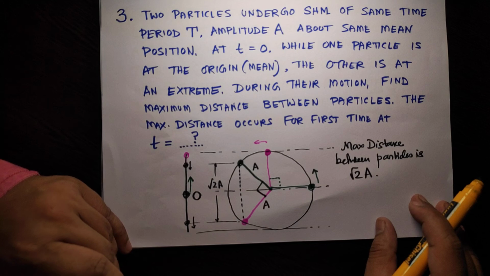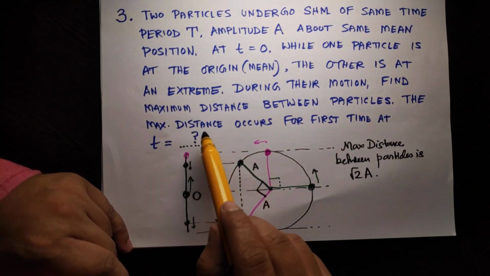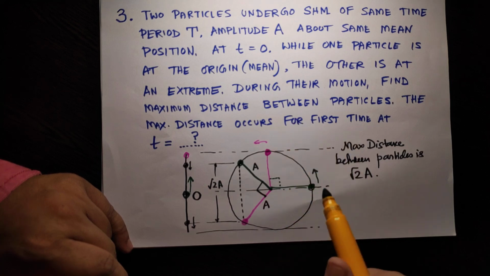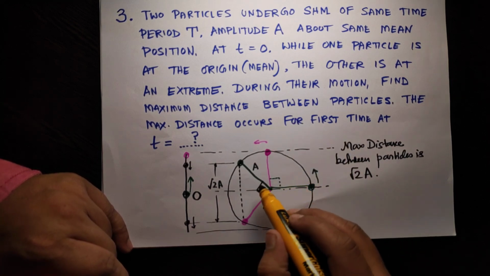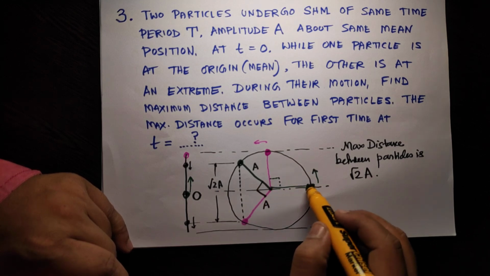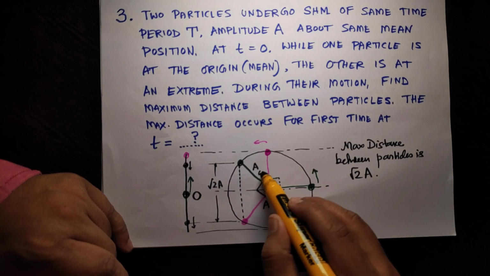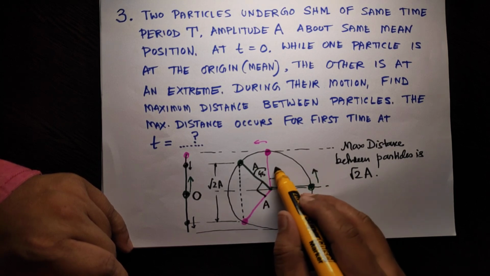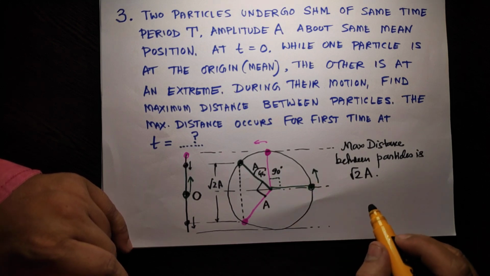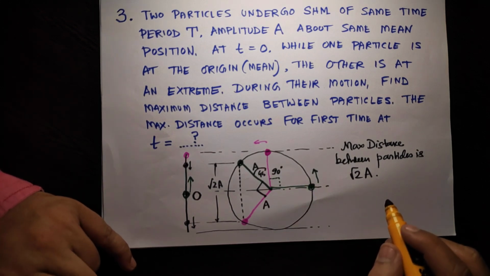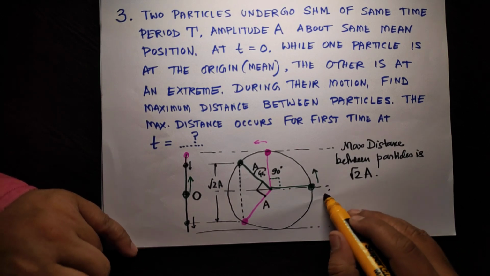It has also been asked to find the time at which the maximum distance occurs for the first time. If you consider this particle, it moves through an angle of 90 degrees plus 45 degrees, so each particle has to move an angle of 135 degrees.